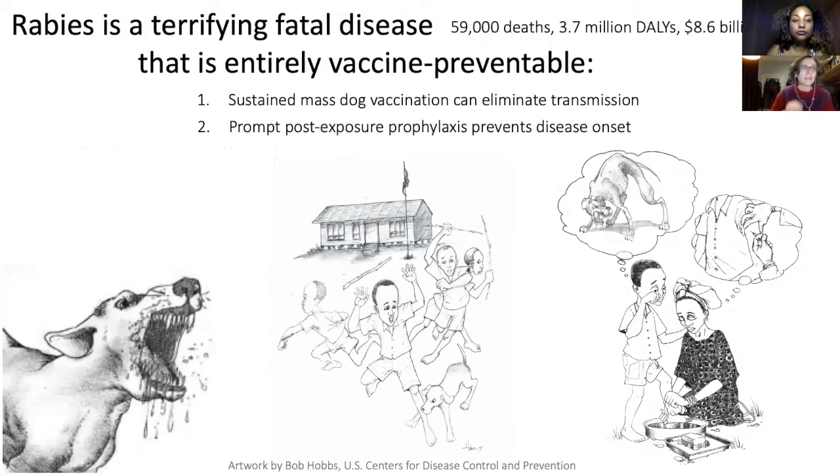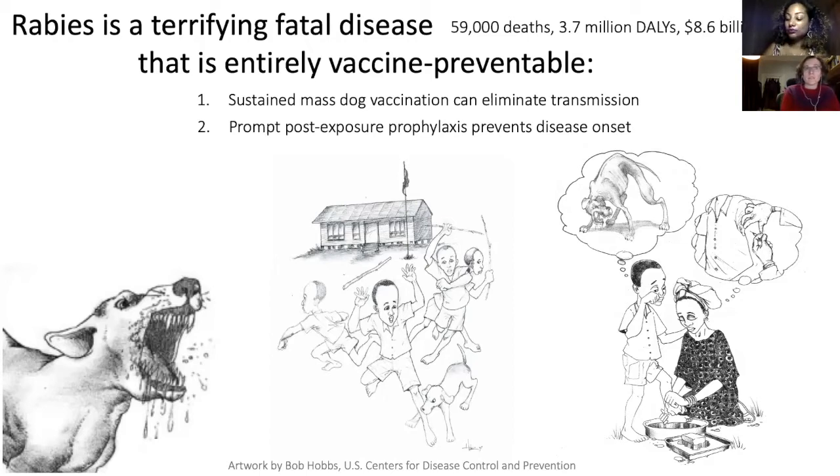Before I get going, you need a little bit of information about what rabies is. It's a disease that is 100% fatal. Depending on where you live in the world, you might not hear very much about people dying from it. But in the poorest countries of the world, around 1 person dies every 10 minutes from rabies transmitted by domestic dogs. The tragedy of it is that rabies is really preventable in two main ways.